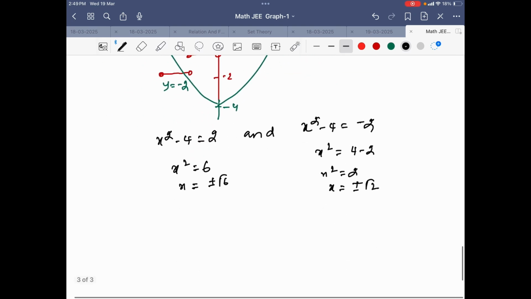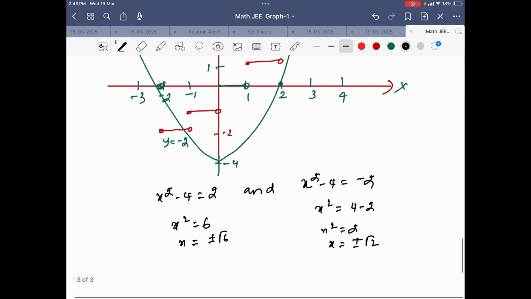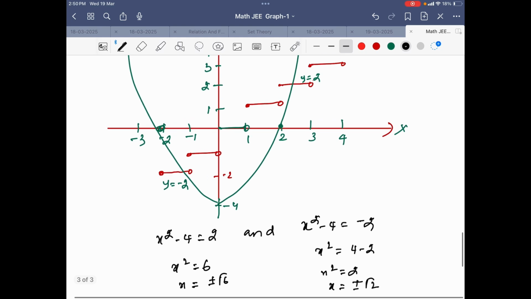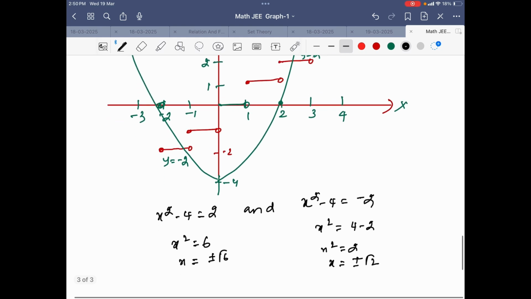So you can see the graph is intersecting at these points only. This point will be plus root 6, this is plus root 6, and this point will be minus square root of 2, right? Understood?